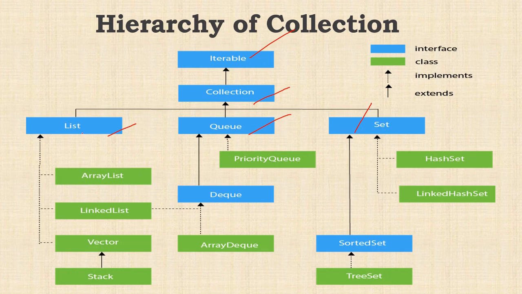These are the implementations of List: ArrayList, LinkedList, Vector, and Stack. But we are going to concentrate on LinkedList. LinkedList is a direct implementation of the List interface, so LinkedList implements List.